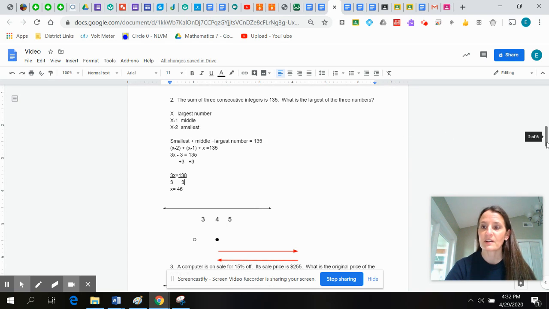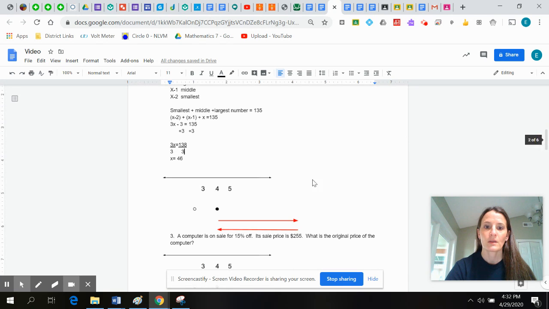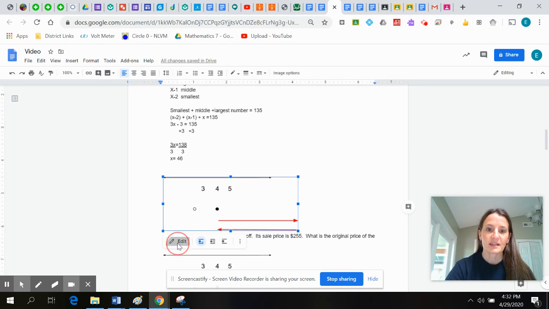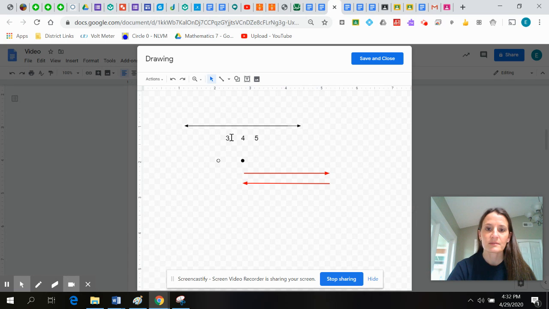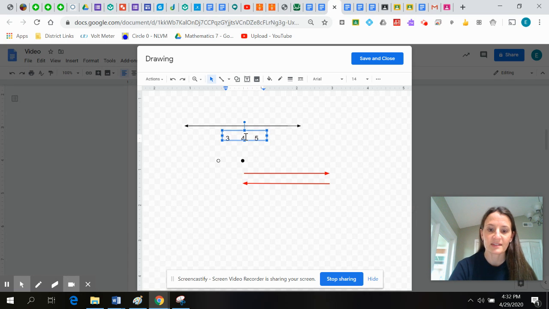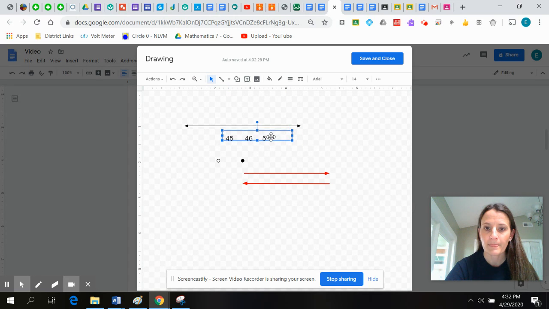All right, so let's fix our number line. Okay, same thing. I made a text box for you guys. Okay, we know that 46 is our solution. One number smaller, one number greater than. Okay.